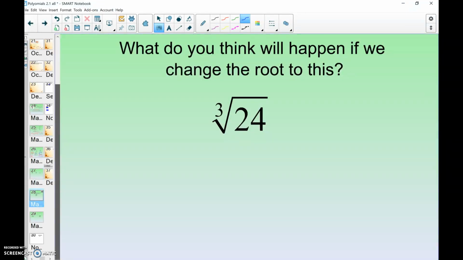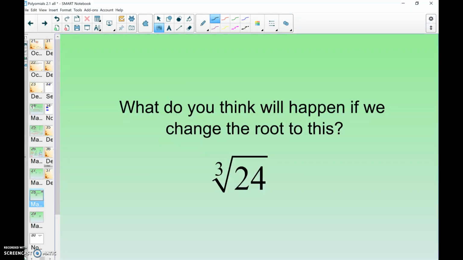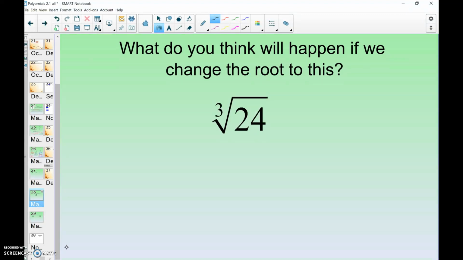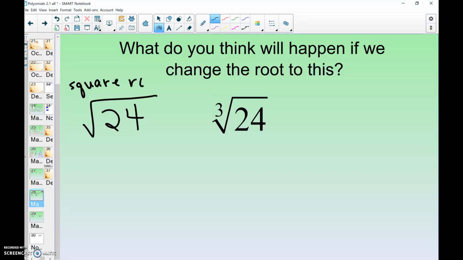Now on the back side, what do you think will happen if we change the root to this? Now notice there's a little 3 here, a little bit different than before. There we go. Okay, so what's the difference between this and this? Well, we called this the square root.